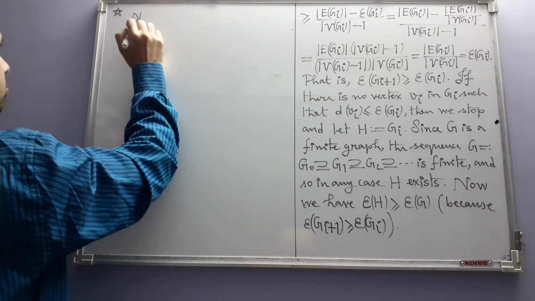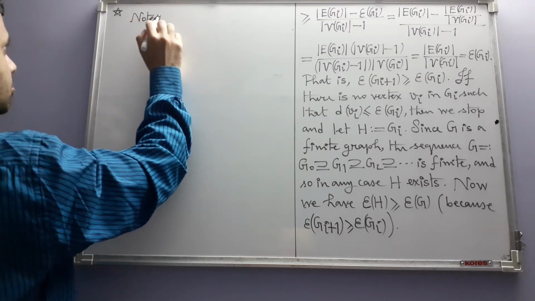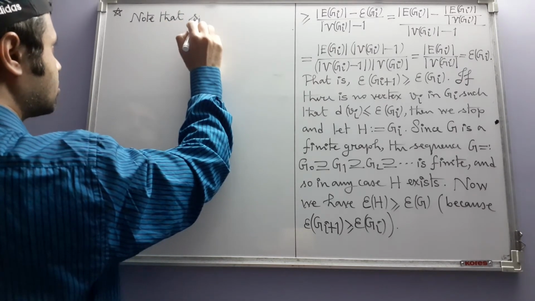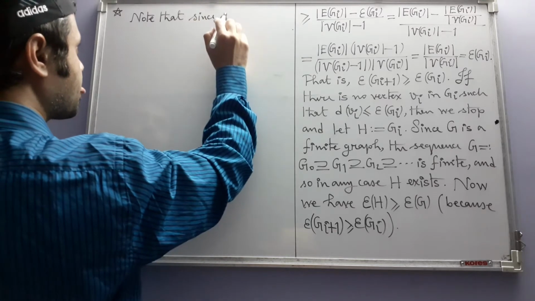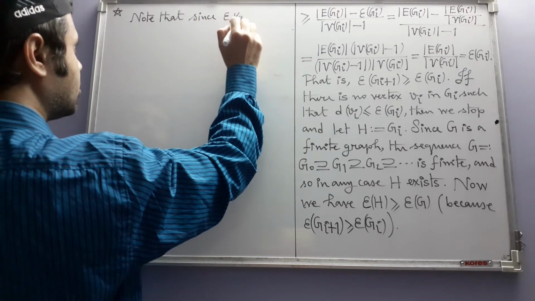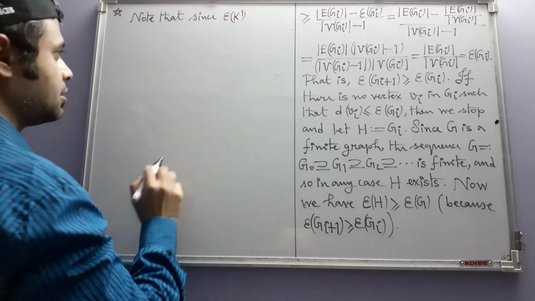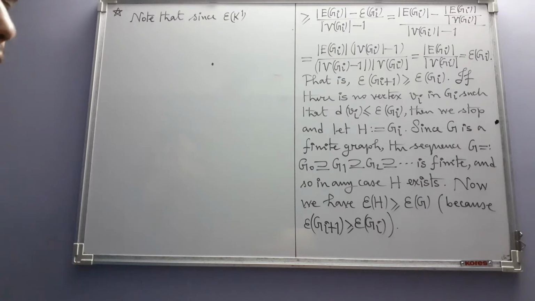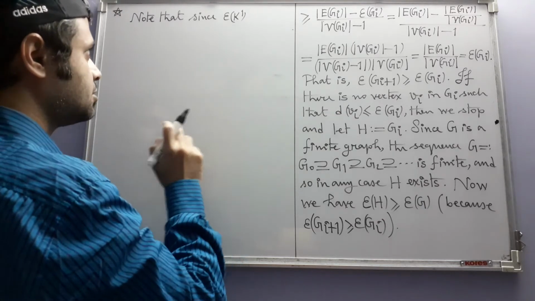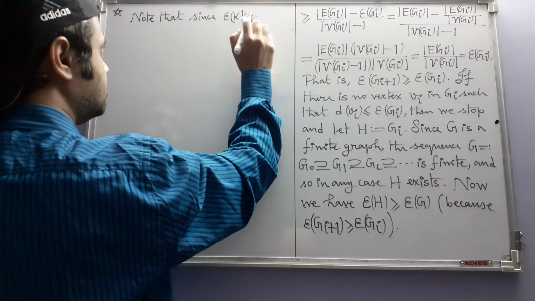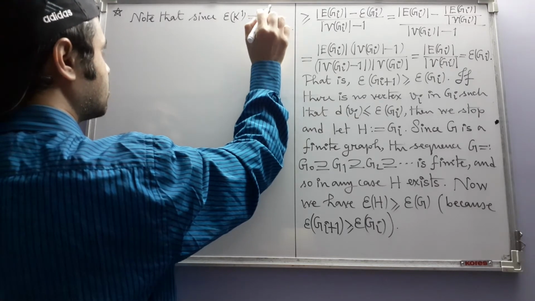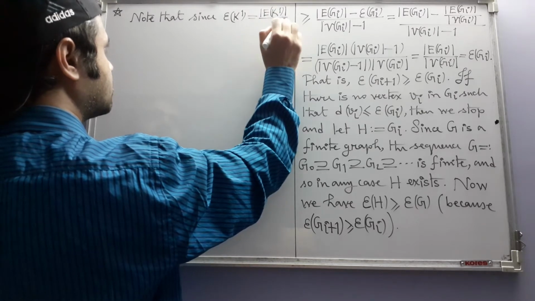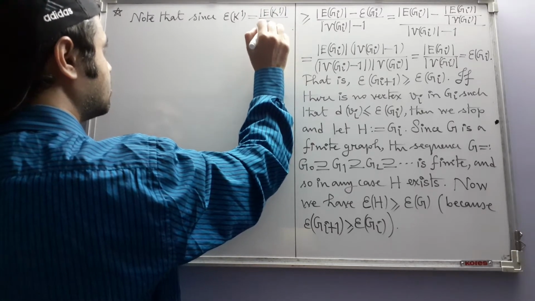Note that epsilon of K1, the graph having only a single vertex and no edge, since it has no edge, let's just write the formula for this average degree.